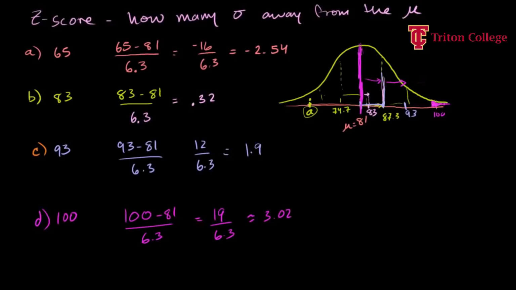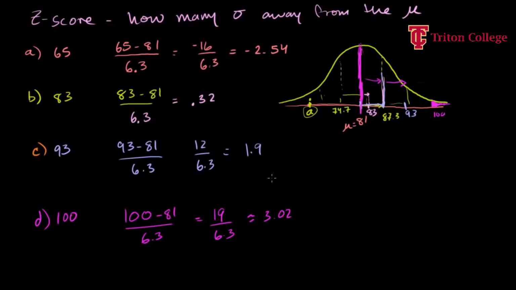So let's look at the second observation. The second observation, we have a score of 83. Again, the same mean of 81 with a standard deviation of 6.3. That gives us a z-score of 0.32. So 0.32 is just where it fits on our normal distribution curve.